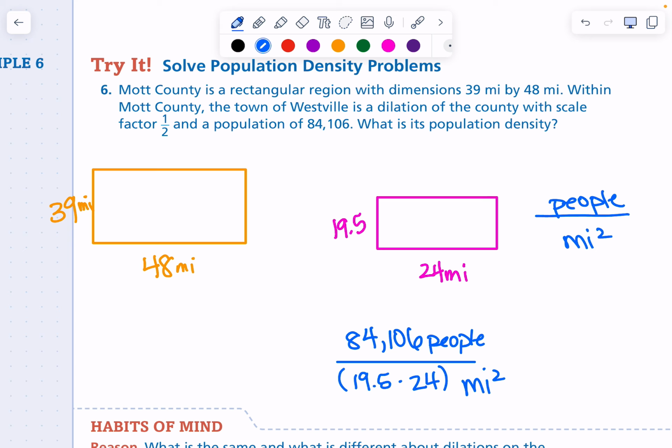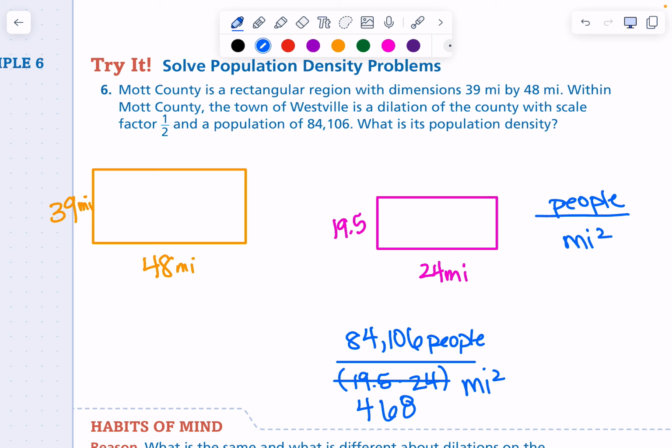Somebody, I heard the calculator come out of somebody's backpack. Could somebody take 19.5 times 24? 468. Okay.